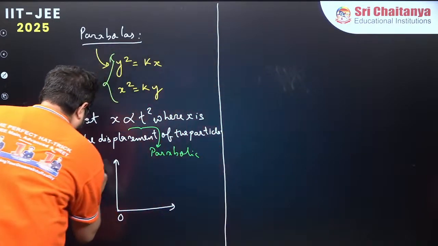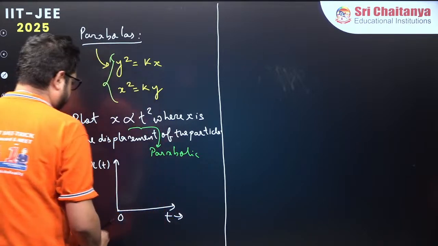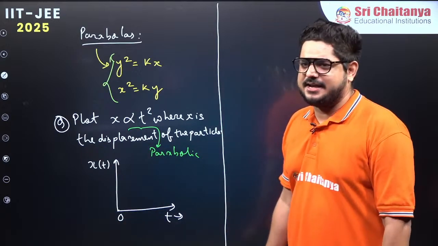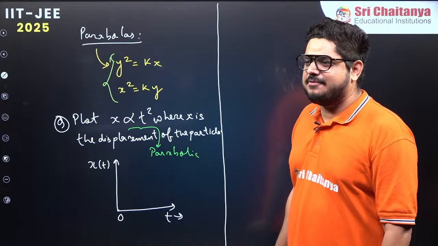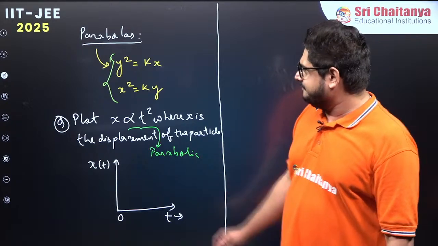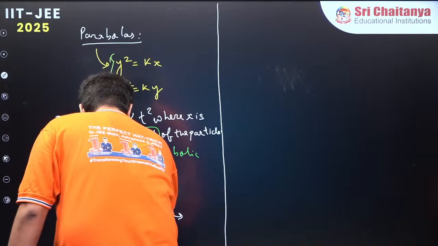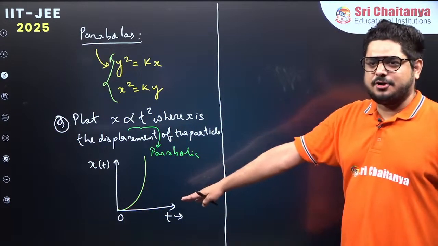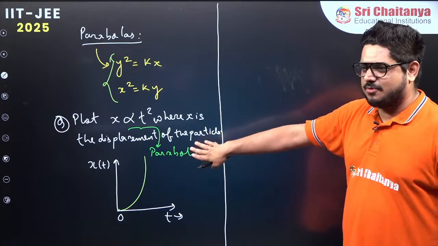Let's say x as a function of time is plotted against the time axis. This is the displacement which you are plotting along the y axis, and the time is plotted along the x axis. Everyone, write it down over there. What's the nature? It's going to be a parabola, like this. You can just plot that part which is in the first quadrant.